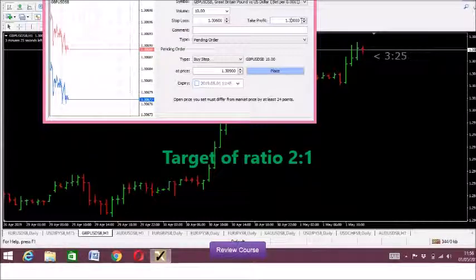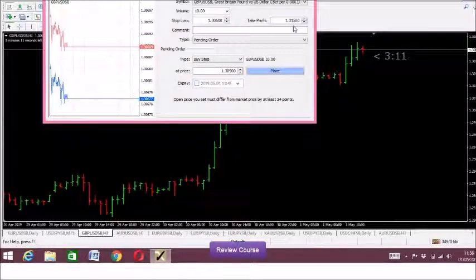If I wanted to risk 30 pips, for example, I want to get 60 pips, 2 to 1. According to my research, it depends on the strategy. Actually, I've done hundreds of hours of research. I know which trade I want to put 1 to 1 or 2 to 1. So you do your research, you finalize it.